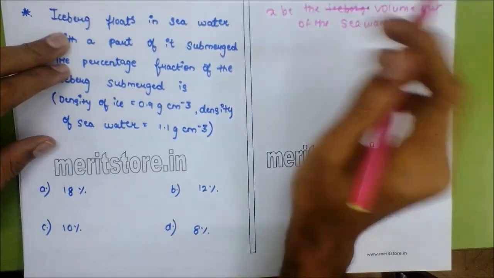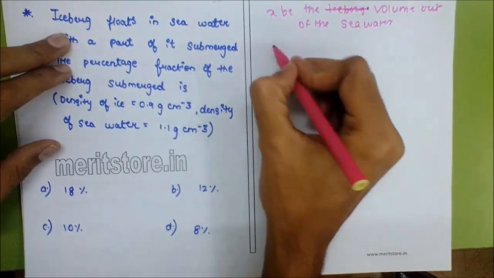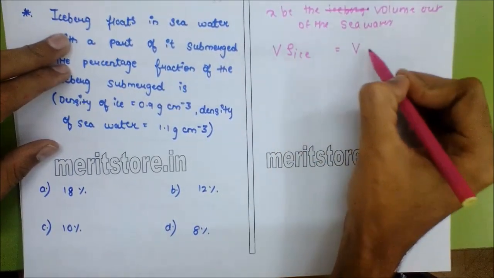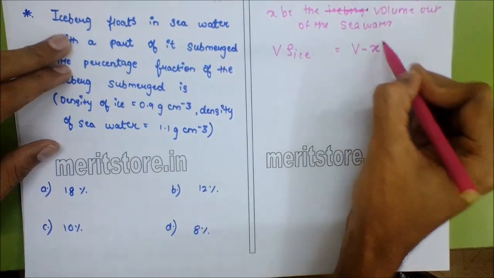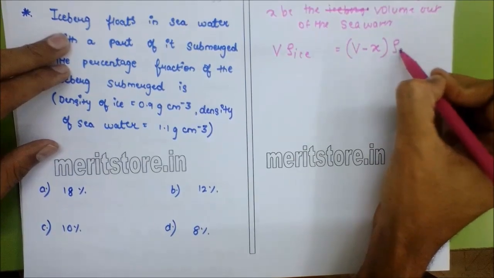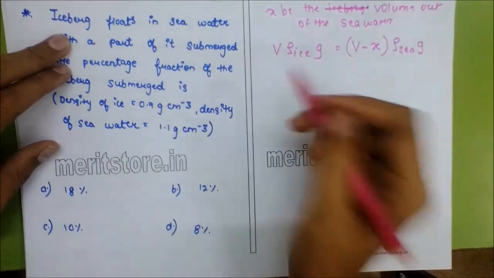So the iceberg floating on the seawater will be the volume into the density of ice, which will be equal to the total volume minus the volume outside the seawater, into the density of seawater, multiplied by the gravitational constant. So we get this formula.